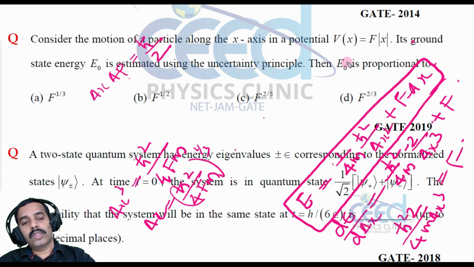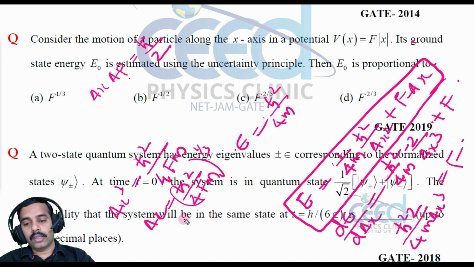So when you substitute this value, E is equal to ħ²/(4m Δx²), that is this squared, right?